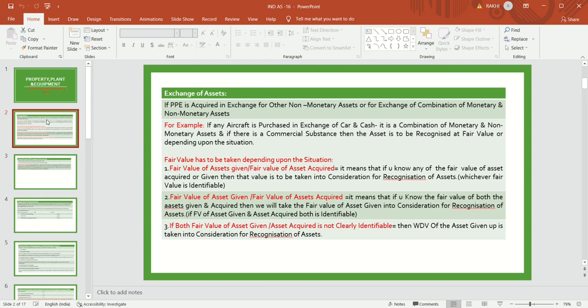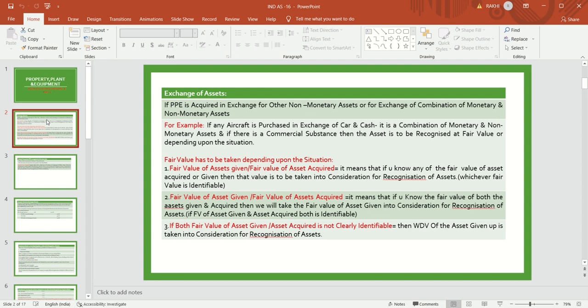That is, if a company purchases an aircraft in exchange of a car and pays some cash also, in this case the monetary transaction is also there and the non-monetary transaction is also there.